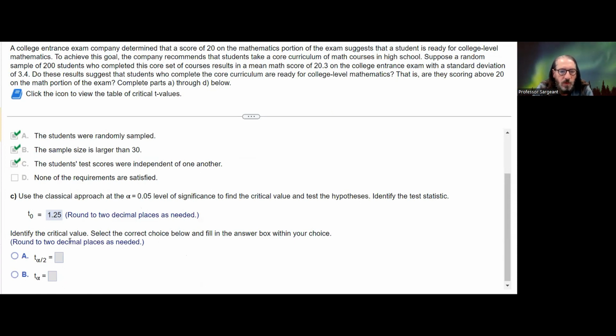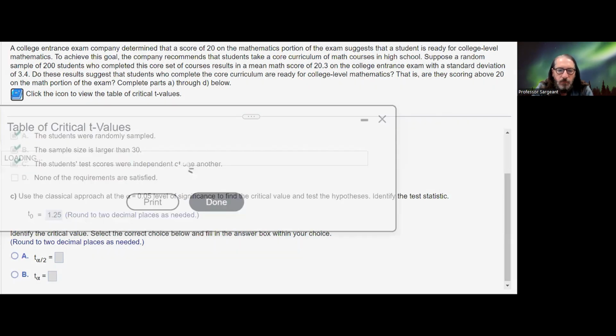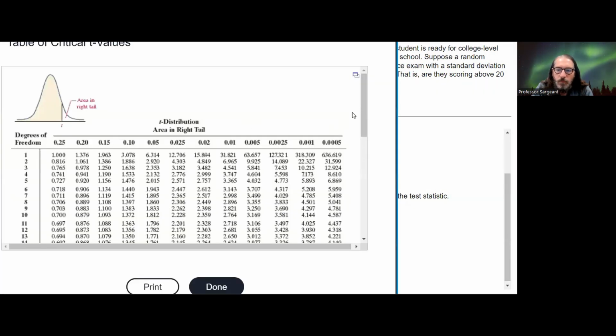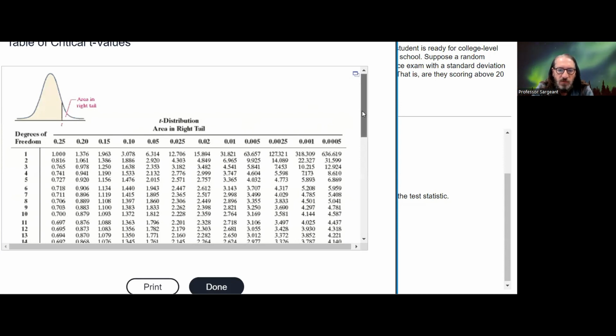So the critical value, since we're using 0.05, since it's already one direction, we do not need to divide alpha by 2. We just take the 0.05 in the one-tailed test.